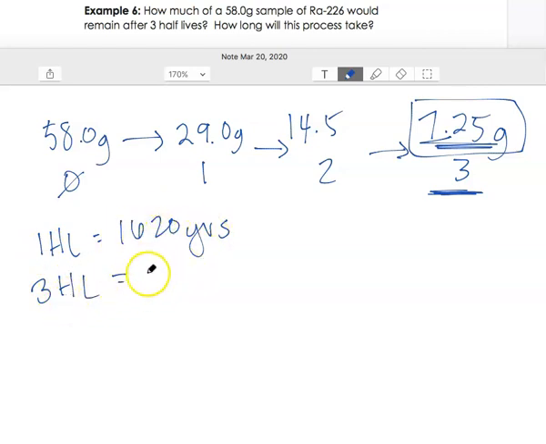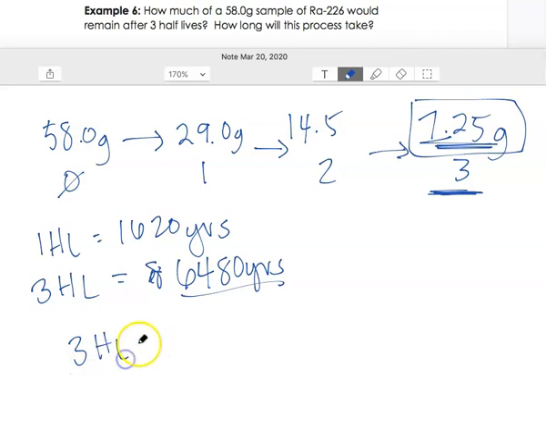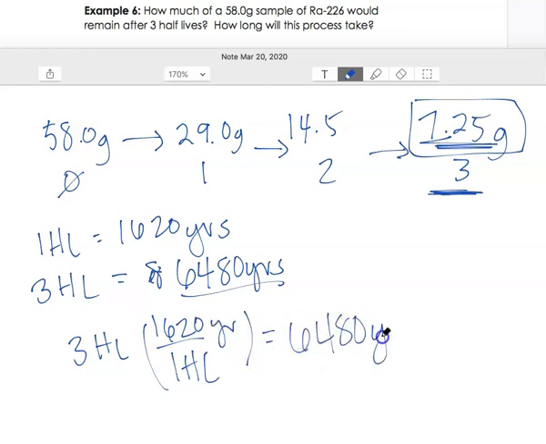So 3 half-lives will be equal to 6480 years. Okay, or you could just use a conversion. 3 half-lives, 1 half-life, 1620 years will equal to 6480. Okay, so that's how much time will elapse from here to here.